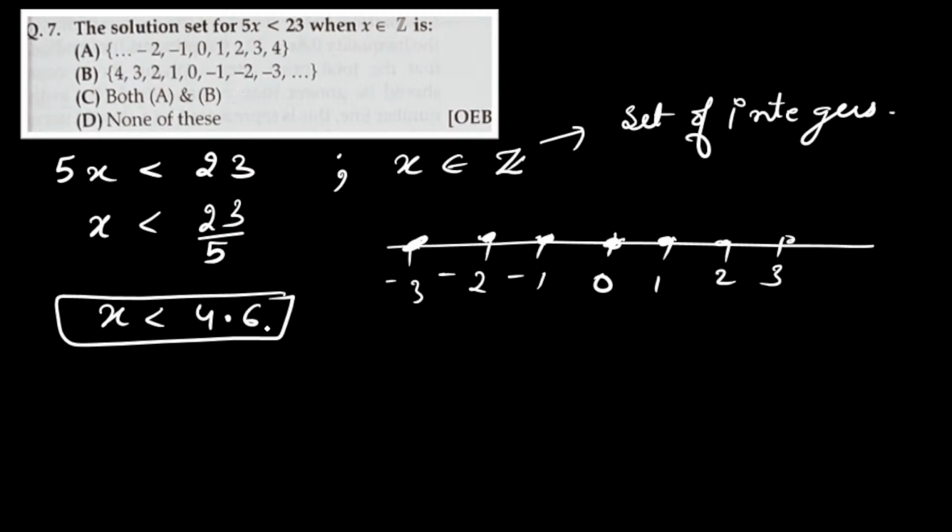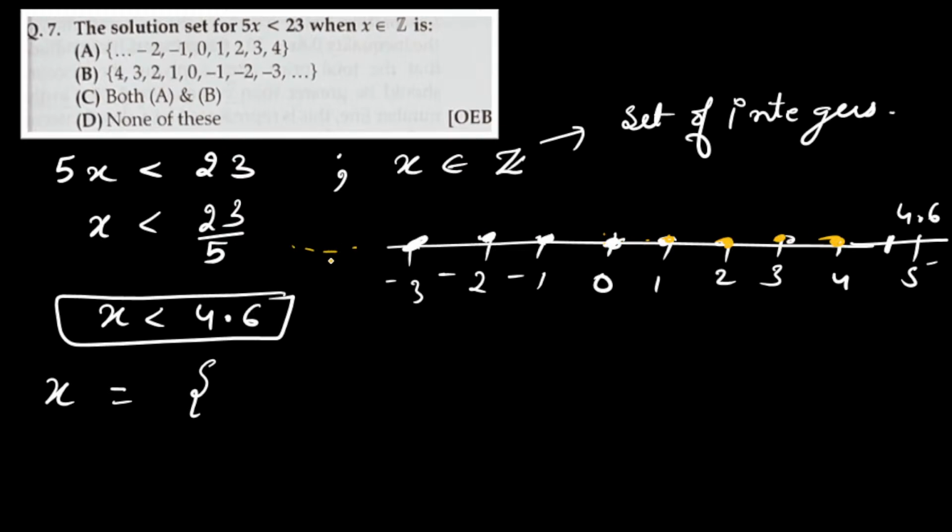So x is less than 4.6. So from integers I have to write. If I see a number line, always try to see the number line and then think what could be the solution. See here 4.6 will come. 4.6 is not an integer because it's a decimal number. So less than 4.6 means 4 is there. 4, 3, 2, all numbers starting from here.